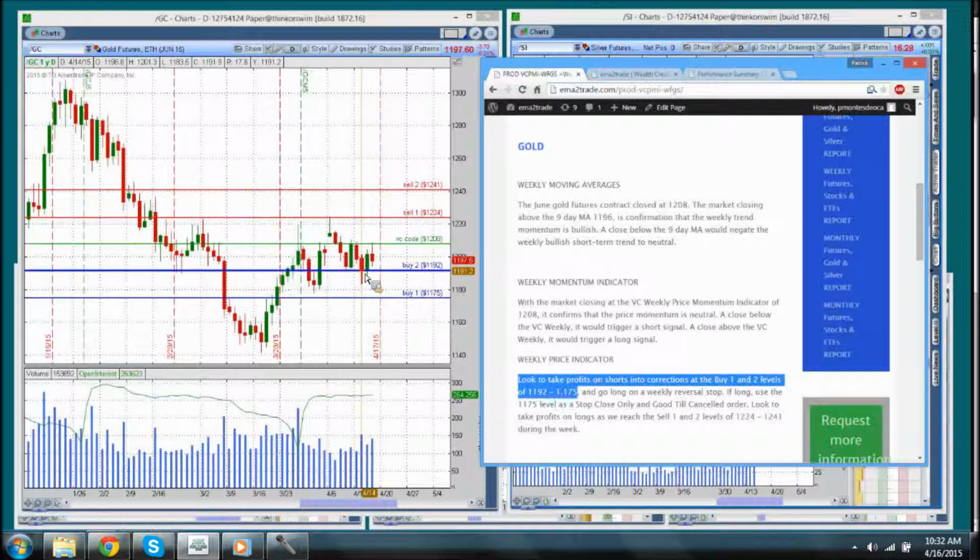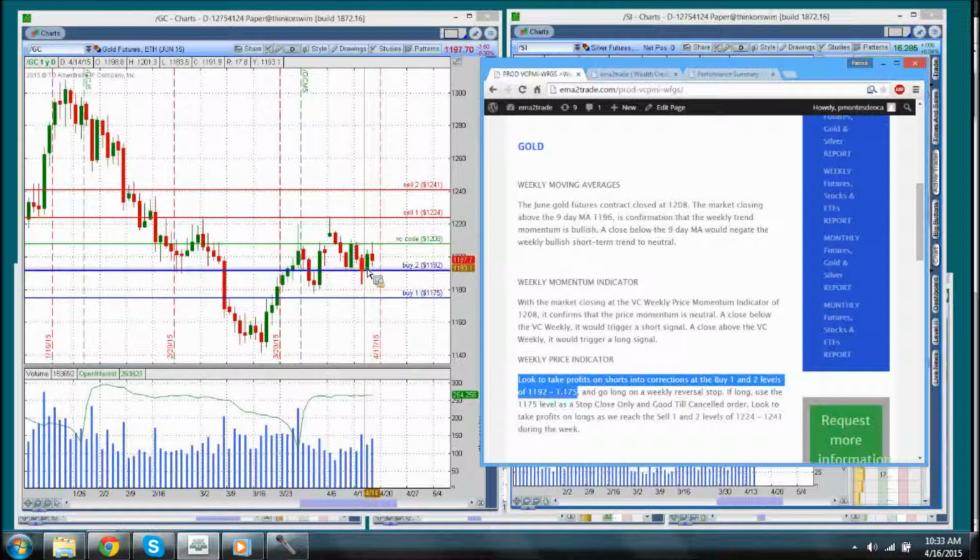Your target was the VC code of 1208 above, which was met early in the morning, in the early hours of the morning, confirming the target from 1192. So this trade alone was about $1,000 on the 100-ounce gold futures contract.